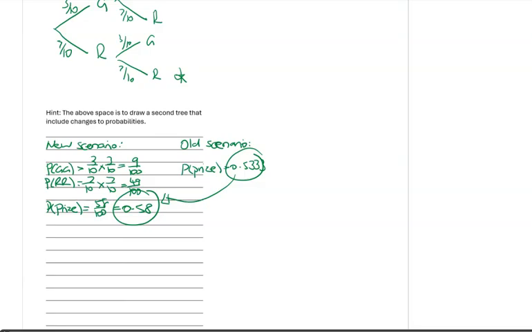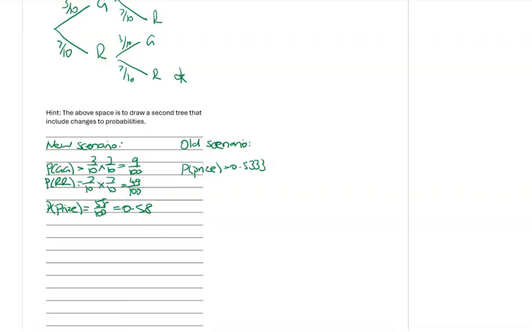The probability of winning a prize is increased, but we want to go beyond that. So instead of just saying it's increased, we want to come up with a number. So we want to talk about that impact. So let's write change in probability. I think I spelled probability wrong there, but that's all right, we'll just go with it, is 0.58 minus 0.5333.